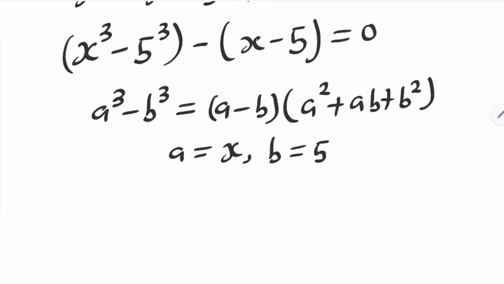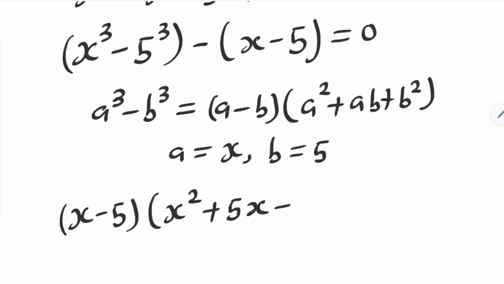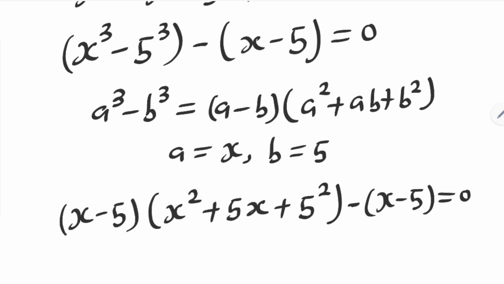Here we have s minus 5, bracket s square plus 5s plus 5 square, minus s minus 5 is equal to 0. s minus 5 is common here and here.